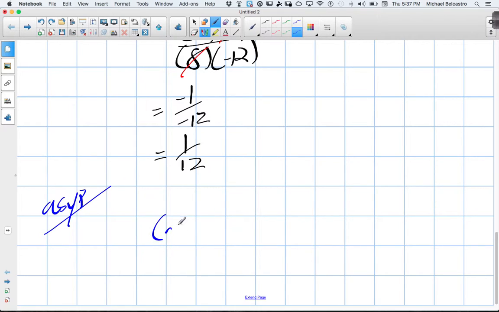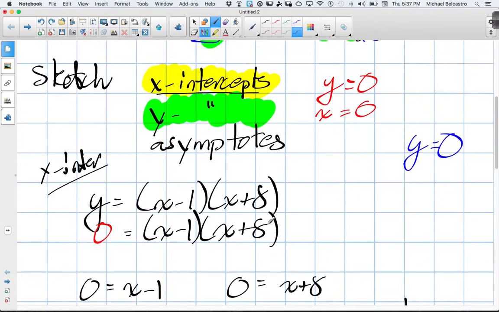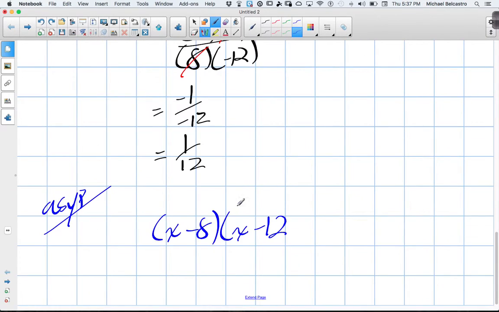We have our x plus 8, x minus 12. Did I say those right? Plus 8, minus 12. Think of it as it cannot equal 0, so I'll even put that symbol in there so it's obvious. Exact same thing as we did with the numerator to find x-intercepts.